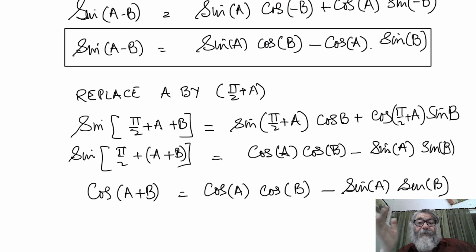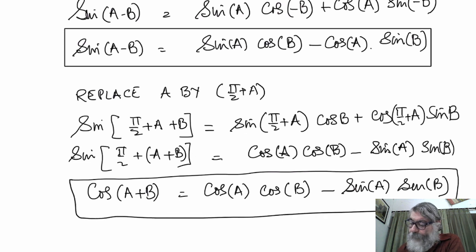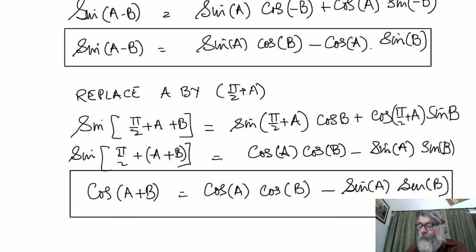Cos A cos B sin A sin B. And the sign is just the reverse. If it was plus, it is coming minus. I will do minus, you will see what will happen. So cos A plus B is cos A cos B minus sin A sin B.